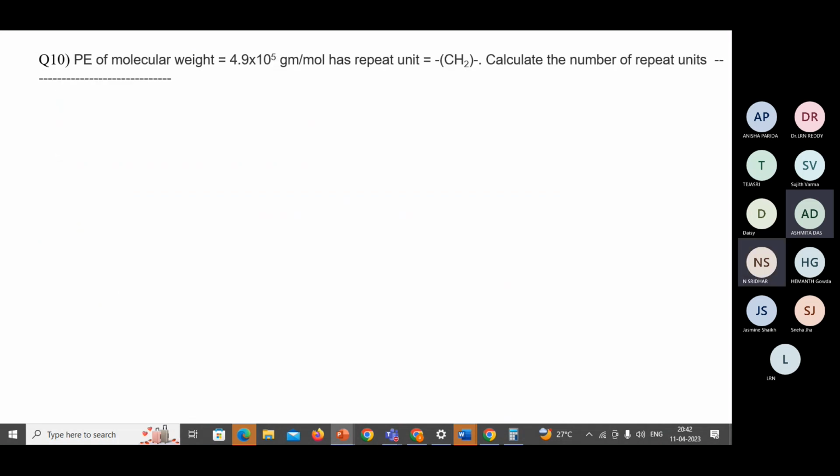Okay. So the 10th question: the PE molecular weight is 4.9 into 10 to the power 5 gram per mole. It has the repeat unit CH2. Calculate the number of repeat units. This is a very easy question. Please try to solve it.